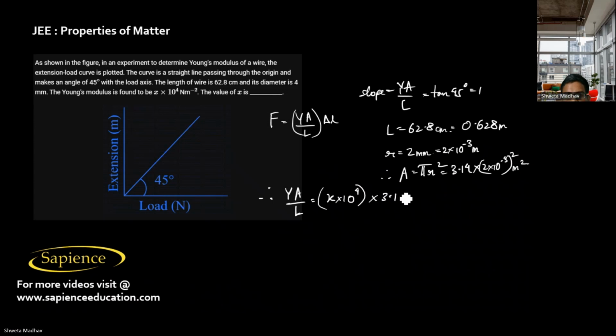into A. So Young's modulus, the value of x is what we have to find. So Y A by L value is 1.